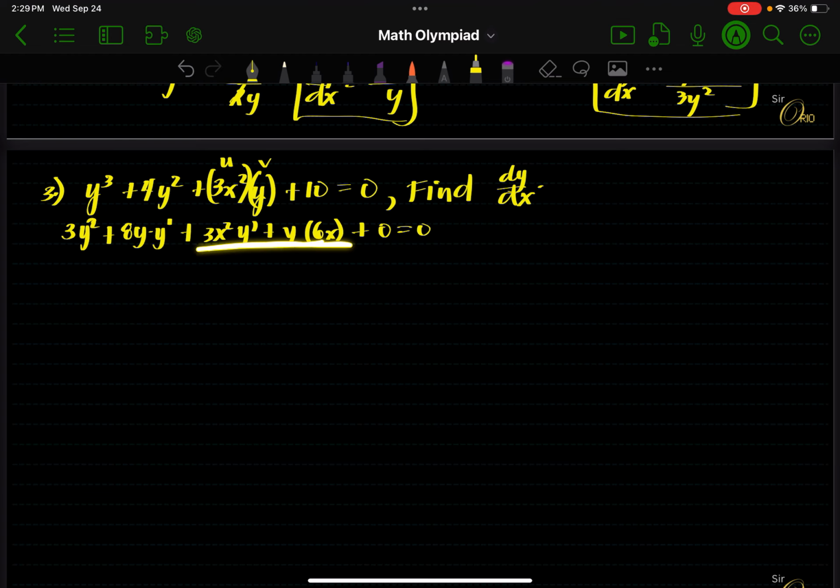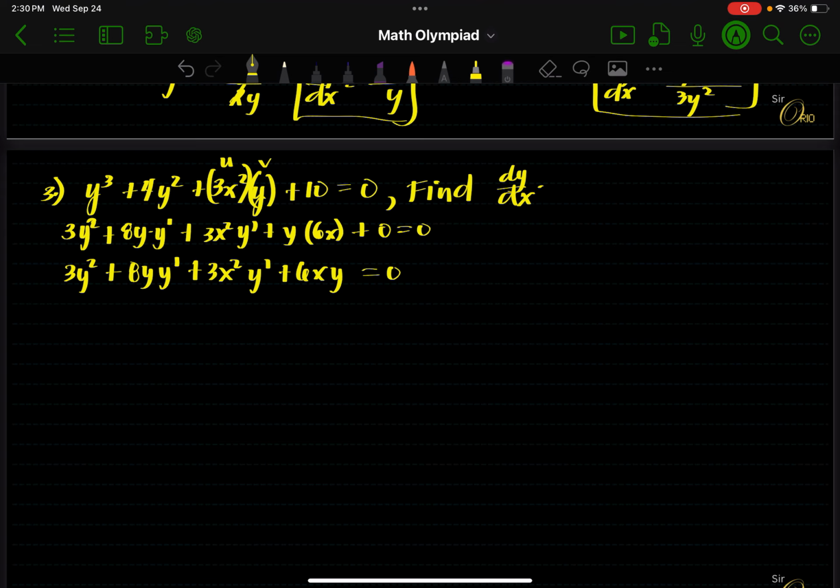So what I apply here is the product rule: u dv plus v du. Okay, then simplify. So we have 3y squared y prime plus 8y y prime plus 3x squared y prime plus 6xy equals 0.